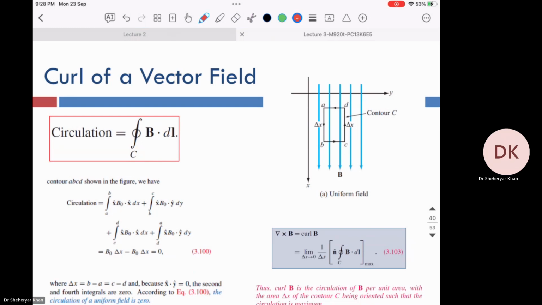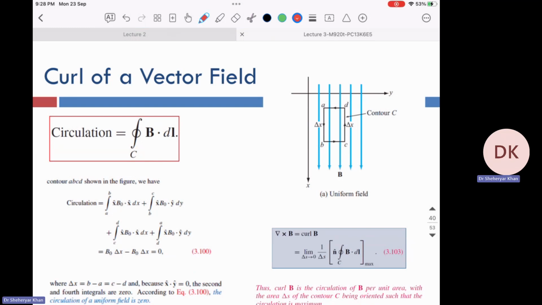Any idea? Conductor in the magnetic field. This blue line tells you the purple, motor, DC motor. Okay, so this is a uniform field. That means there are no north and south poles.